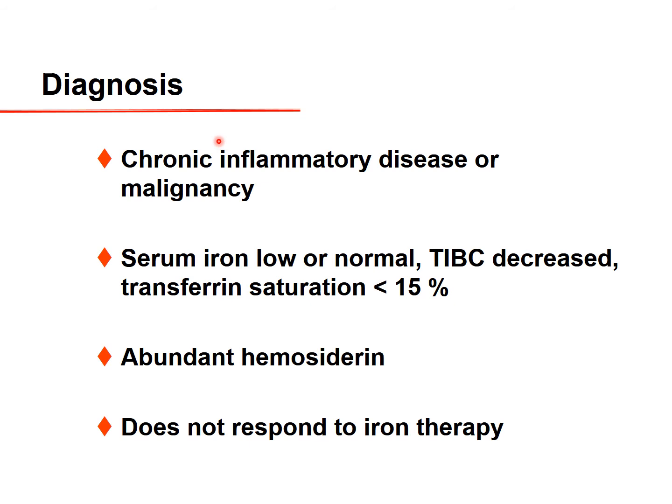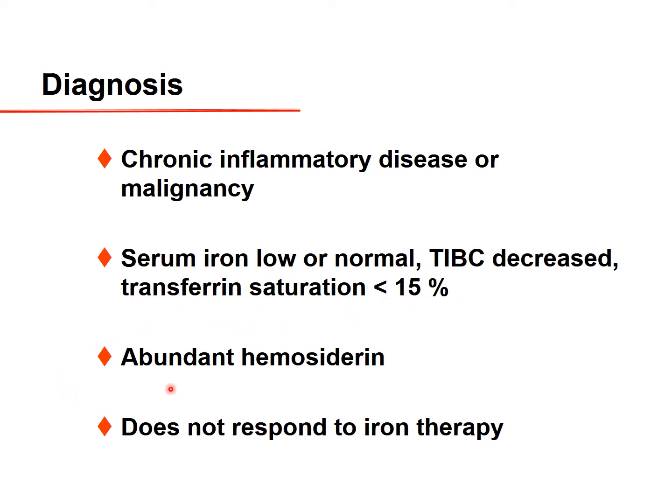How can we diagnose this situation? First of all, we could see the signs of a chronic inflammatory disease or malignancy. When we measure the serum iron, it can be low or normal, but the total iron binding capacity is decreased because the transferrin level decreases, and the transferrin saturation is low.